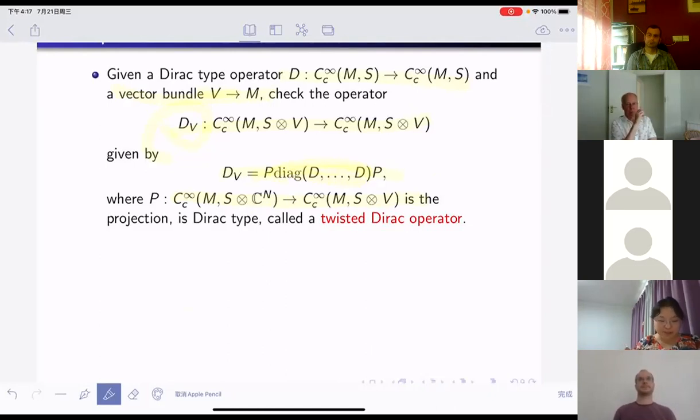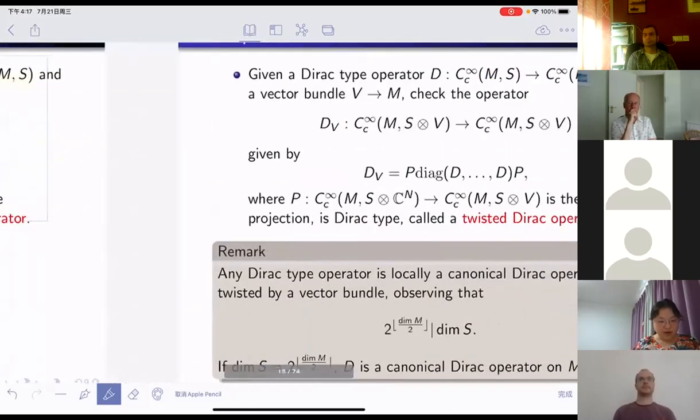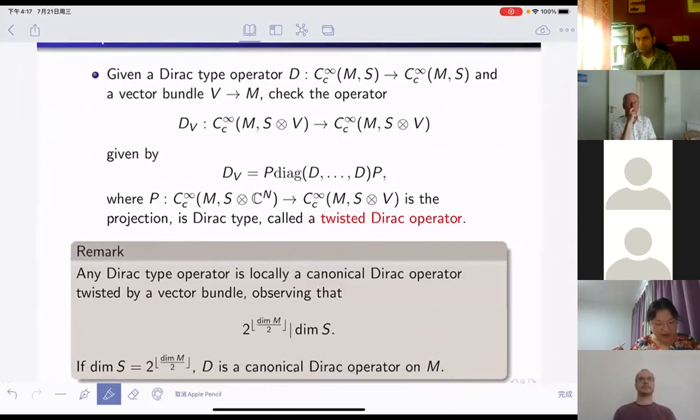Of course, when we use the definitions of connections in defining the Dirac type operator, one doesn't have to define it like this, but in this way, one can still show it is a Dirac type operator. And now we want to ask one thing.